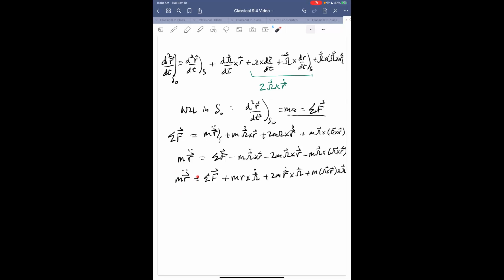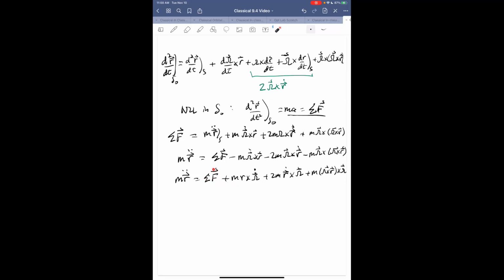We get a Newton's law kind of looking thing in the sense that I have an ma over here. But remember, and I'll emphasize this again, this is the acceleration of the object in the rotating frame. So this is the acceleration that the observers in the rotating frame would see measured against their own coordinate system. And over here we've got the sum of the forces.